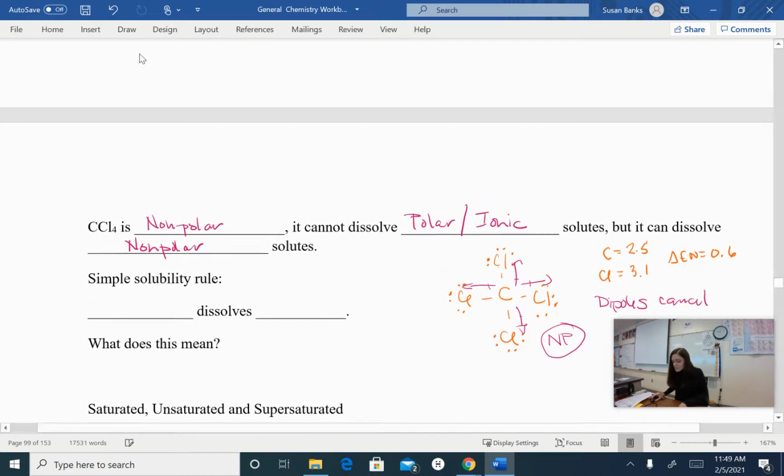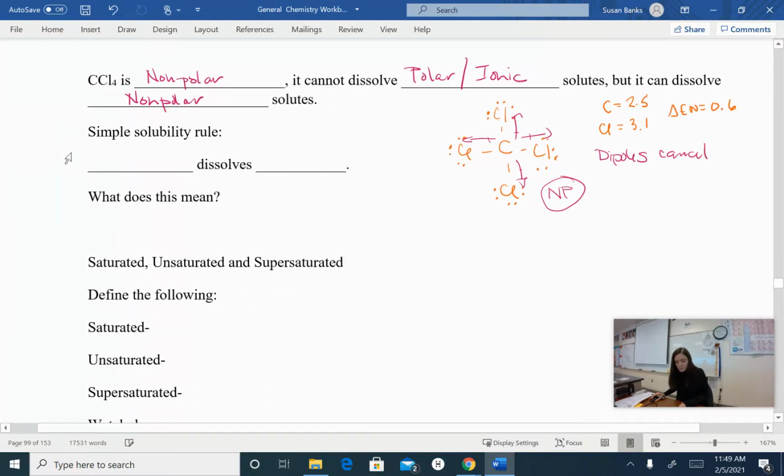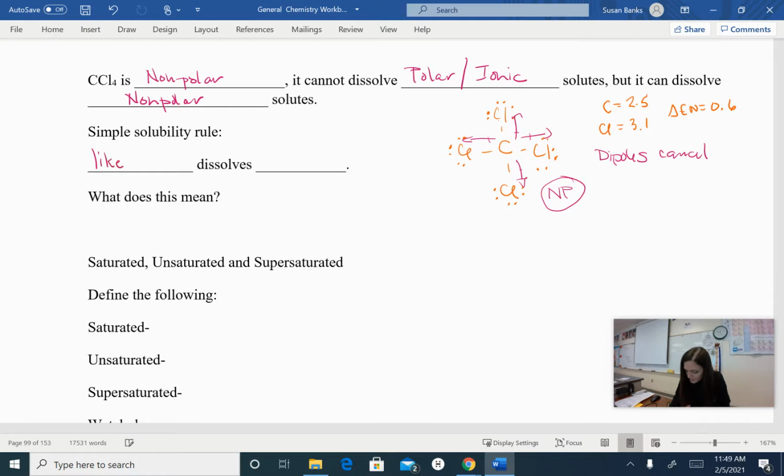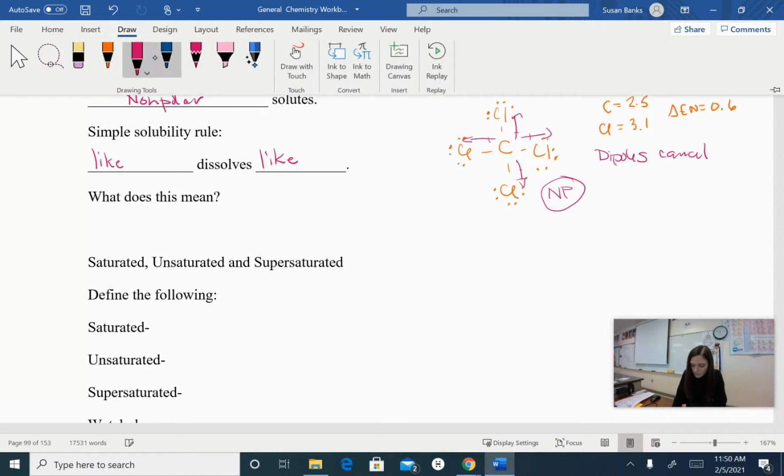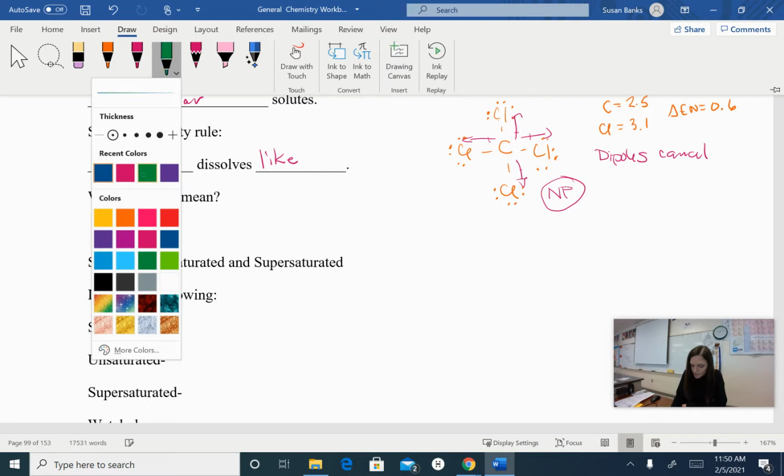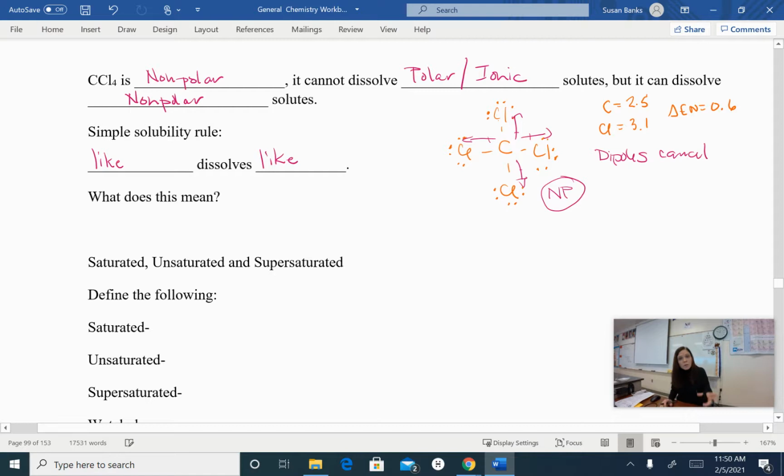So here is our general rule for solubility. Like dissolves like. So what does that mean? So let's change our color really quick. So that means that polar things will dissolve polar things.